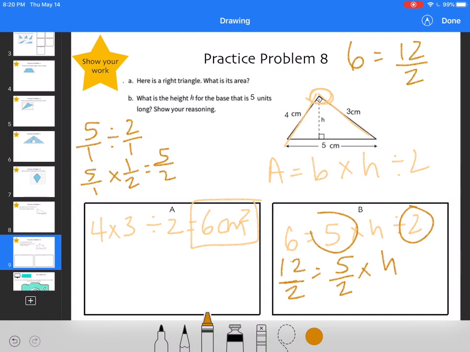And I don't want to do that, so I'm going to go back. So I know that if I've multiplied by 5 over 2, I'm going to have to divide by 5 over 2, because when we have an equation, we're trying to undo the operation. So if I multiply by 5 over 2, I'm going to divide by 5 over 2 so that my variable is by itself.